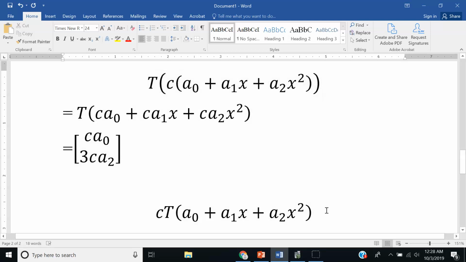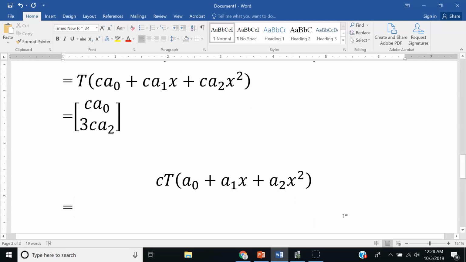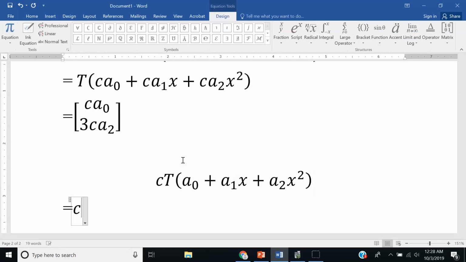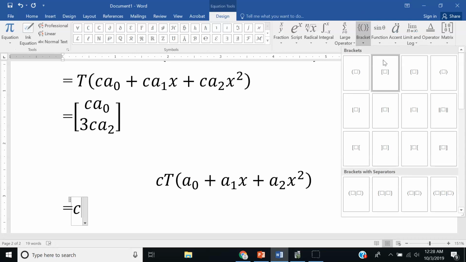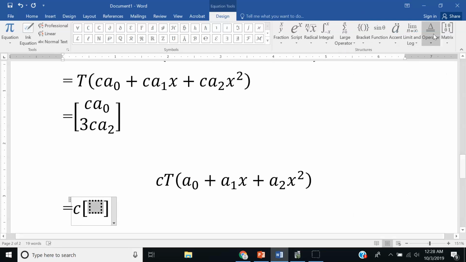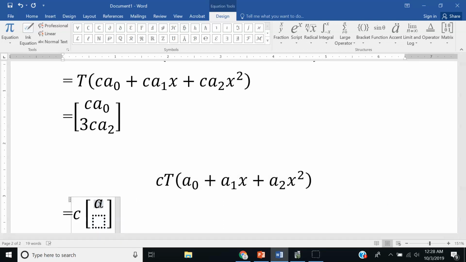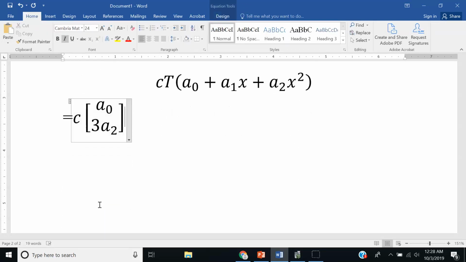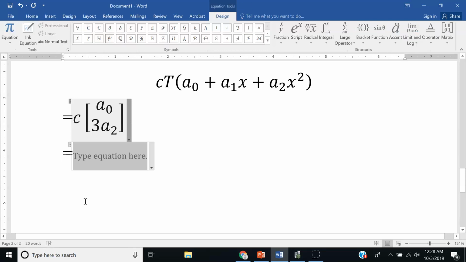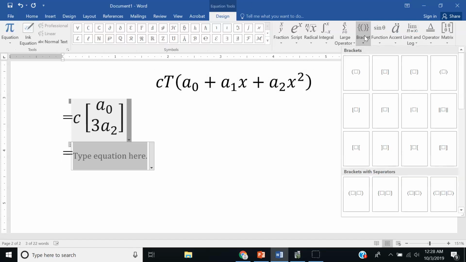Now let's do the opposite angle. If I transform the vector first, what we end up with is just a0, 3a2. And it's pretty easy to see that this is in fact the exact same vector that we had earlier.